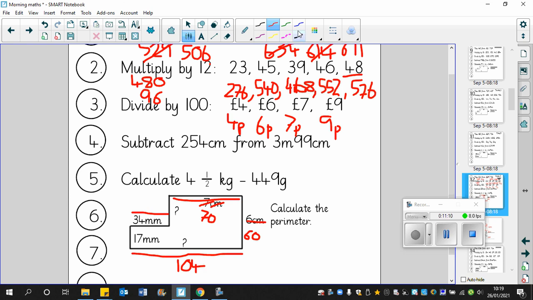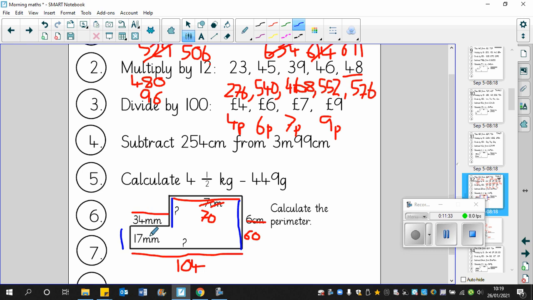Okay, now let's go to the vertical. So we've got 60 millimeters there, and we've got 17 here, and we've got an unknown amount there. So 17 add something equals 60. Well, if we add 3, we get to 20.